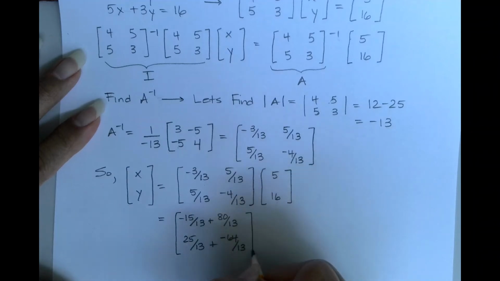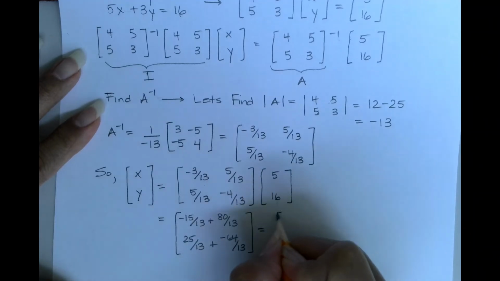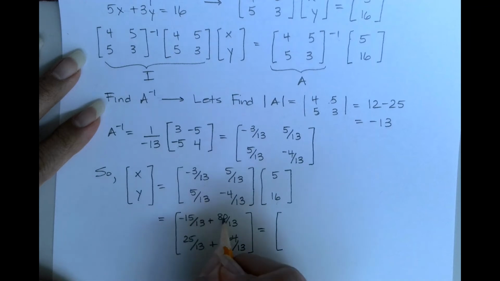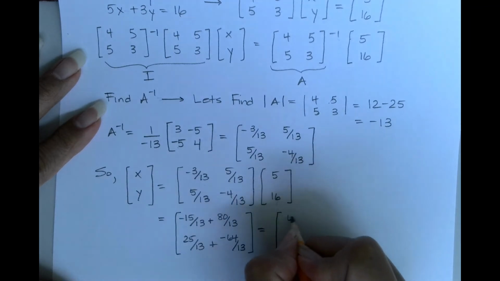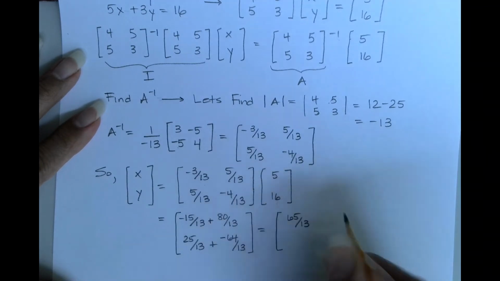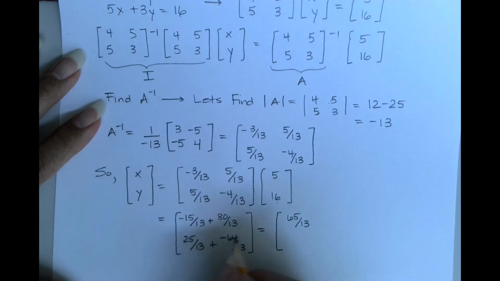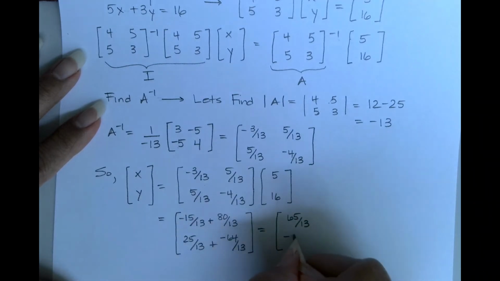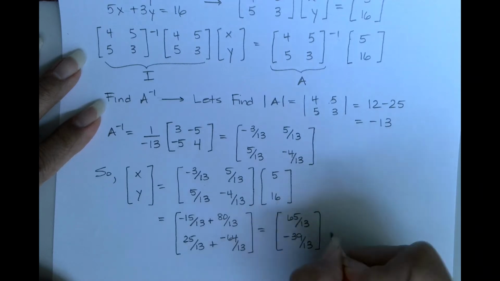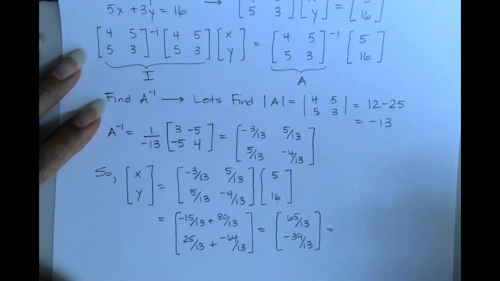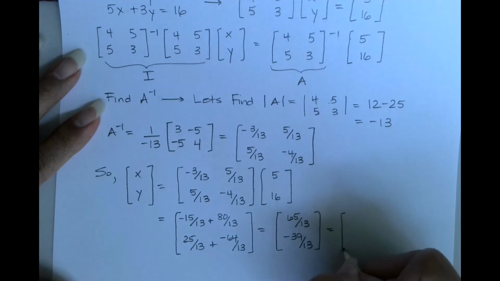Let's simplify. So negative 15 plus 80, we get 65/13. 25 plus negative 64 is negative 39 over 13, which again, we reduce these fractions, and we get a 5, and we get a negative 3.